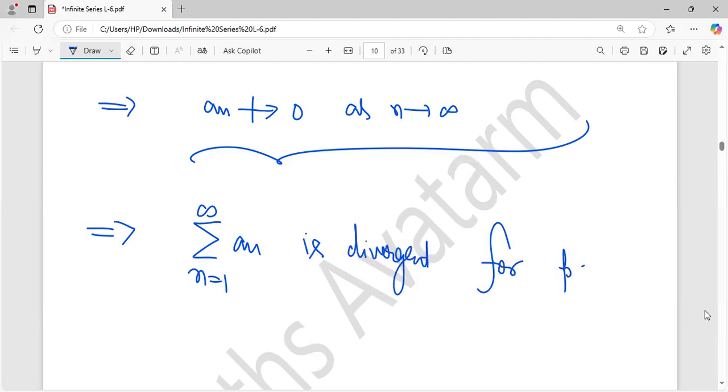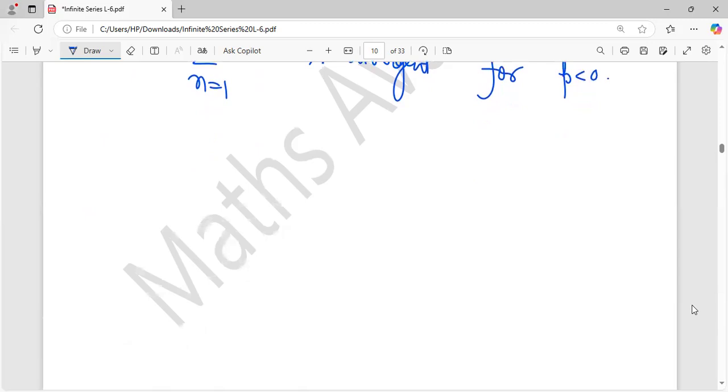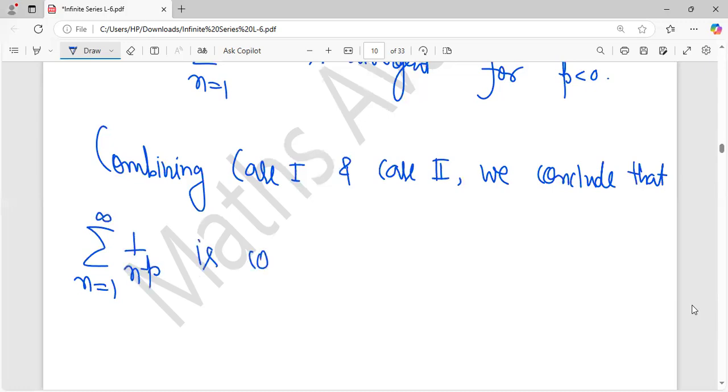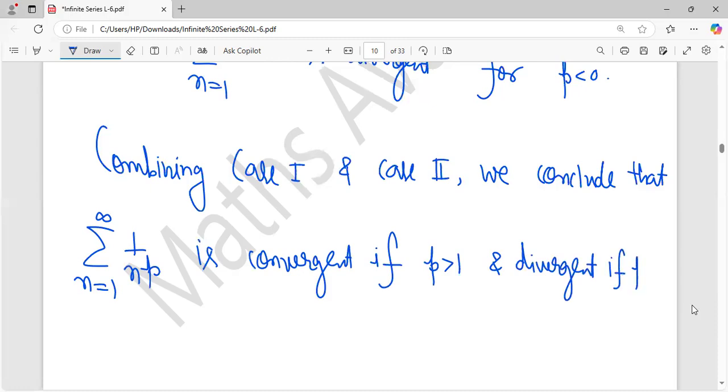Hence, combining case 1 and case 2, we conclude that summation n goes from 1 to infinity 1 upon n to the power p, this series is convergent if p greater than 1 and divergent if p less than or equal to 1. So this is proved. Okay.